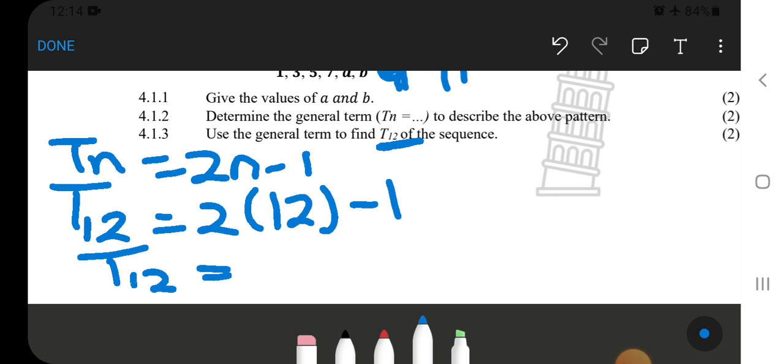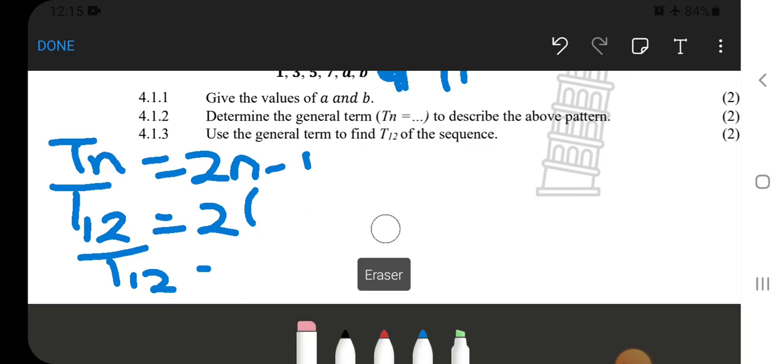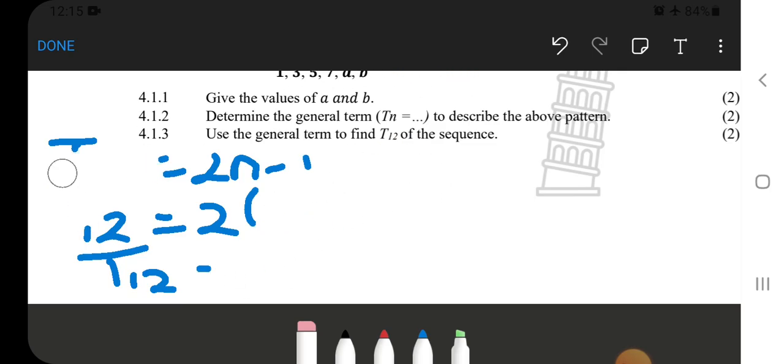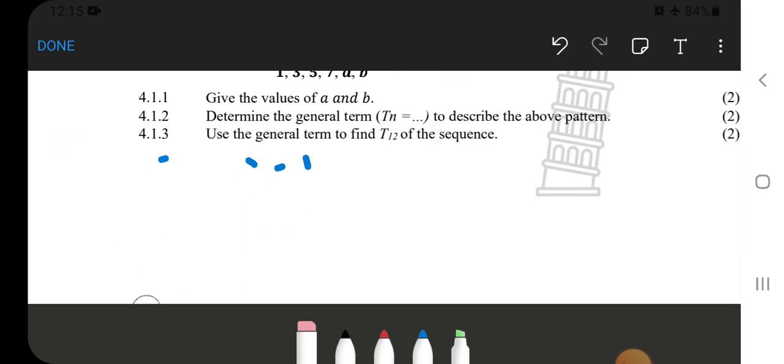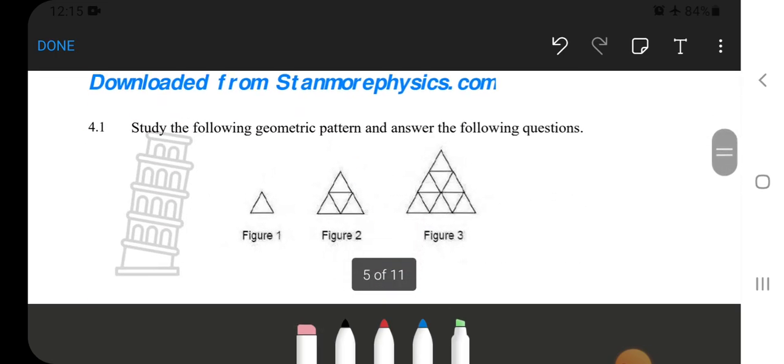So we're going to put that into the calculator, and then we find out that term number 12 is 23. So 4.1.3 is 23. I hope you understand everything that we are doing here. It's very important that you do.